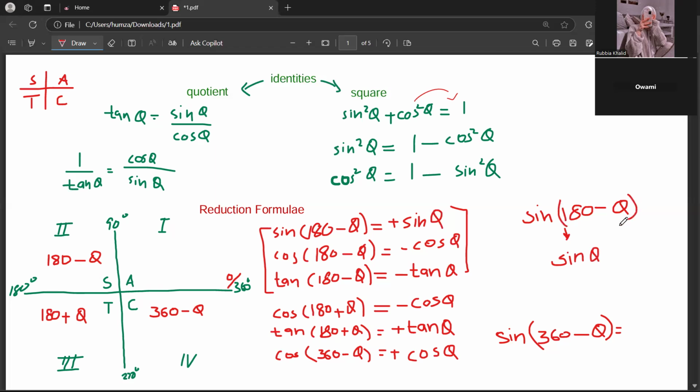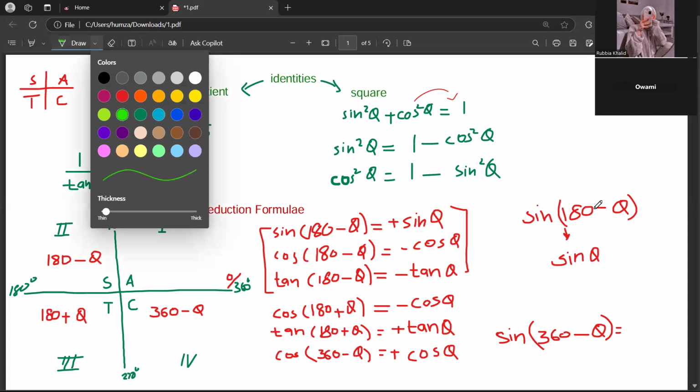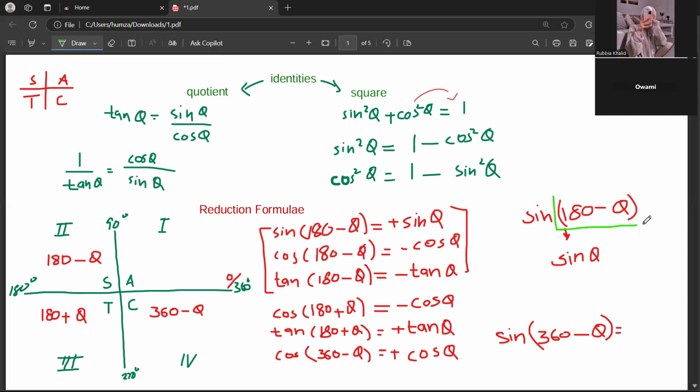But this 180 minus theta will help me decide whether to put positive or negative sign.